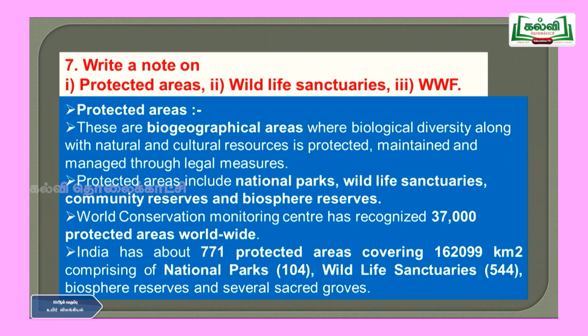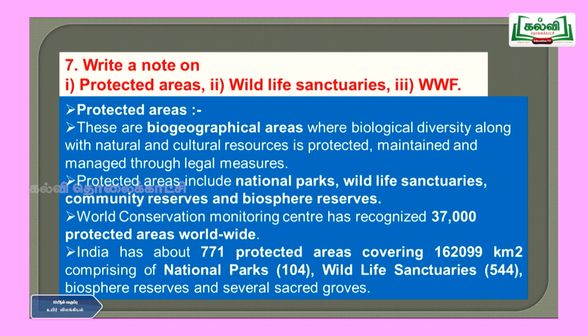Then the seventh one: write a note on protected areas, wildlife sanctuaries and WWF. The protected areas are biogeographical areas where biological diversity along with natural and cultural resources is protected, maintained and managed through legal measures. Protected areas include national parks, wildlife sanctuaries, community reserves and biosphere reserves.